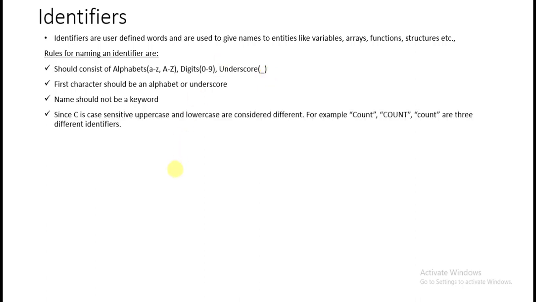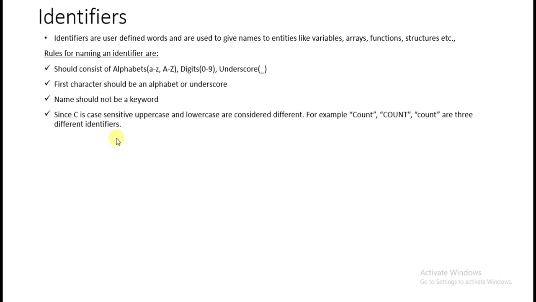C is a case sensitive language, so uppercase and lowercase are considered different. For example, count with capital C and remaining in lowercase, COUNT with all in uppercase, and count with all in lowercase. But these three will be considered as three different identifiers in C programming. So these are the simple rules to name an identifier.